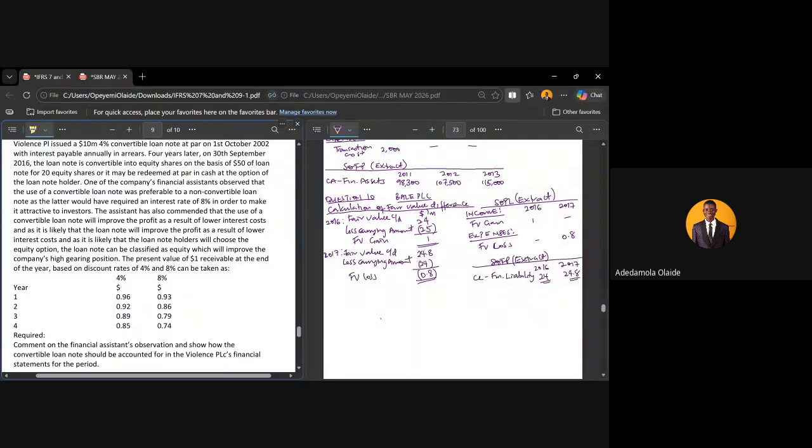That is a compound instrument because it has created an equity as well as a financial liability, even though the equity only materializes when they go for the option of conversion. But we have to first split the value of the transaction into the equity portion and the liability portion.